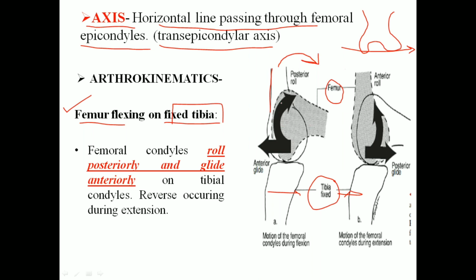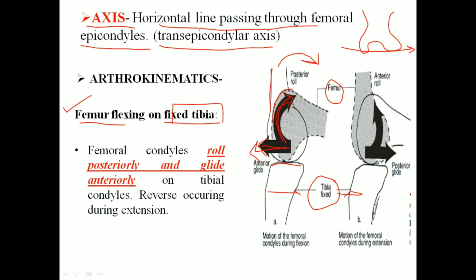So when there is flexion of the knee joint, what happens? There is a posterior roll. And whenever there is flexion of the knee joint with posterior roll, we always get anterior glide. Why? I have already explained the convex-concave rule previously. When a convex surface is moving on concave, the roll and slide are in opposite directions.